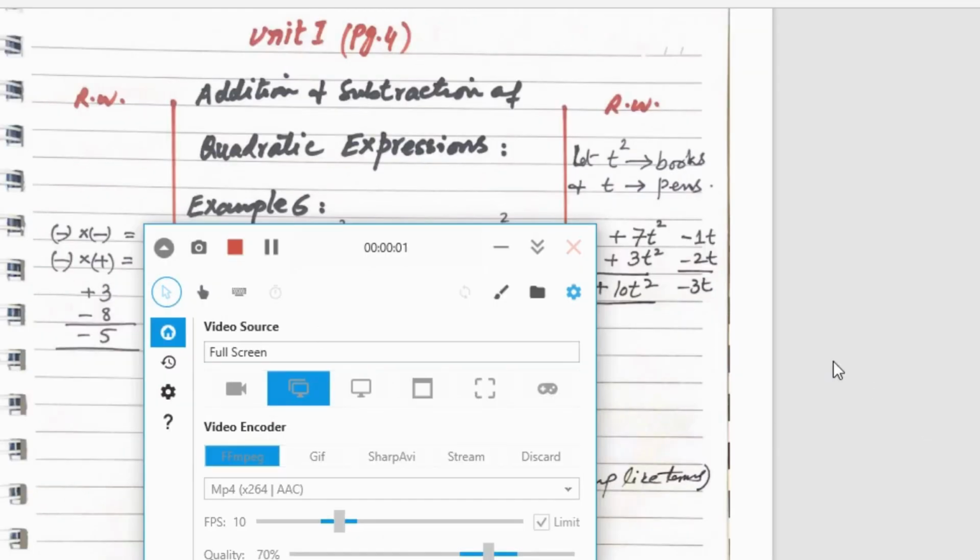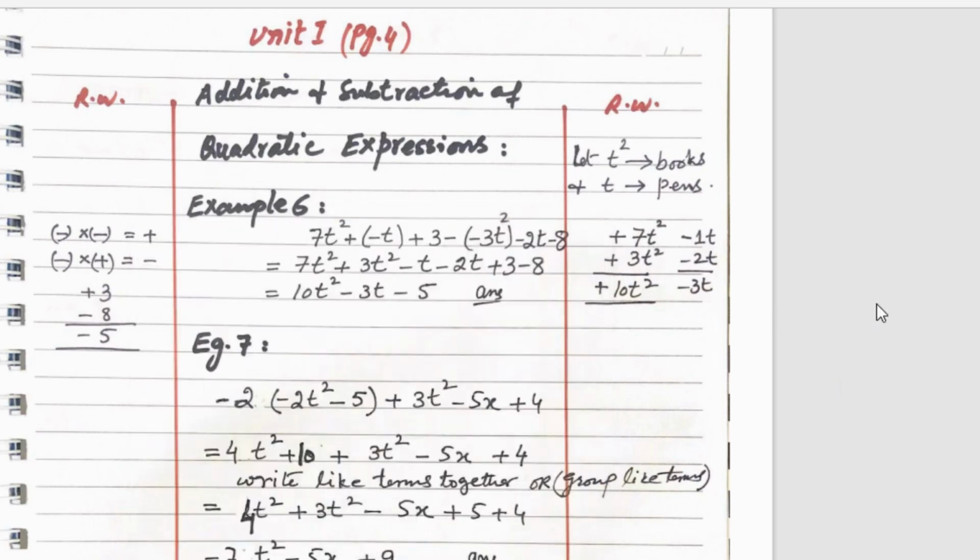Now come to example 6. Students, I'm going very slow for you. I know it's a very slow process, but this is a very basic chapter of mathematics. Pure mathematics is actually the backbone of the whole of mathematics.